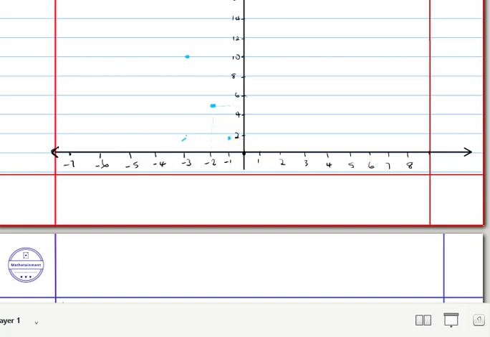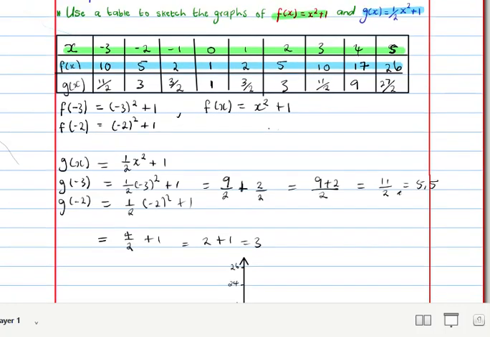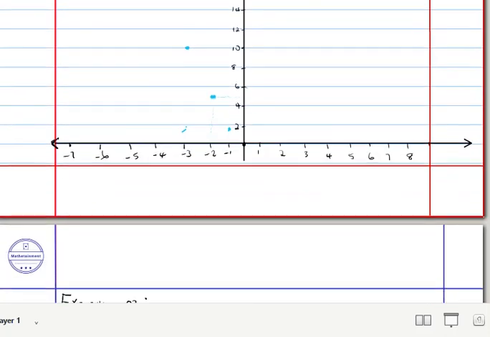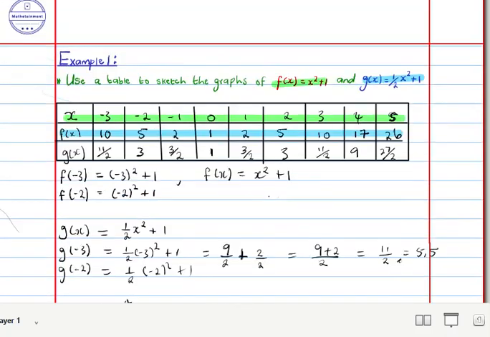Moving forward, when the value of x is 0, the value of y is 1. So the value of x is 0 here, and 1 is somewhere around here, because it's between 0 and 2.